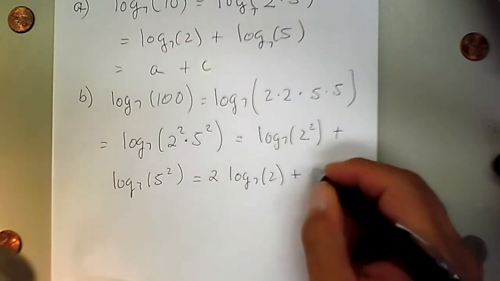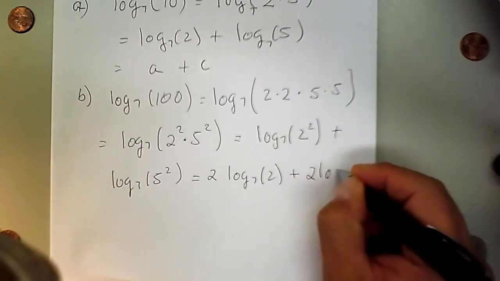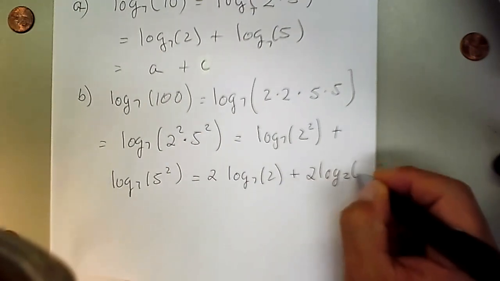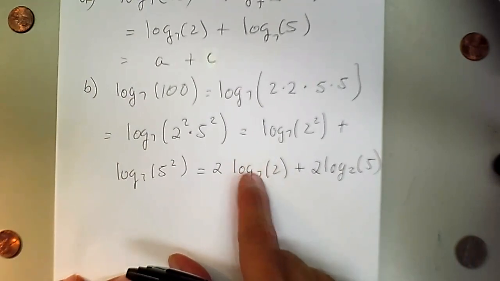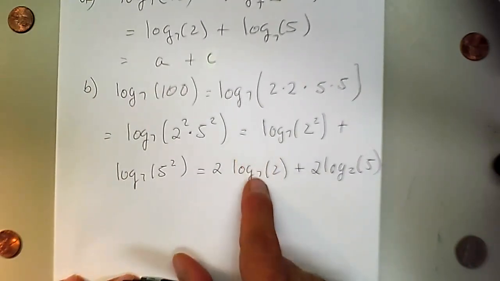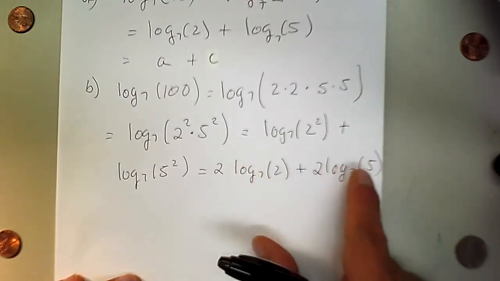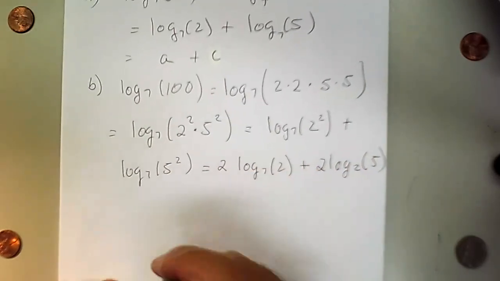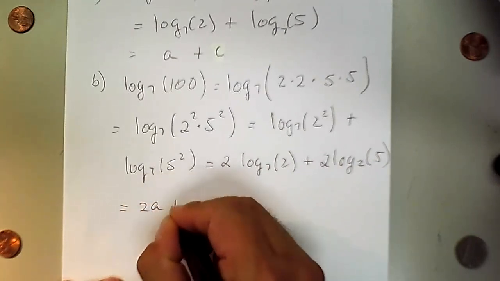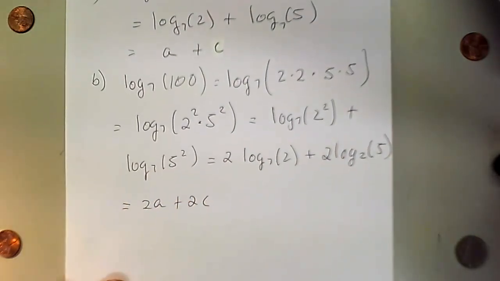Where was I? Oh yeah, 2 times the logarithm base 7 of 5. But now this logarithm is just a number. What number is it? We call it right now A, and this number, we call it right now C. So we have 2A plus 2C. And that's it.